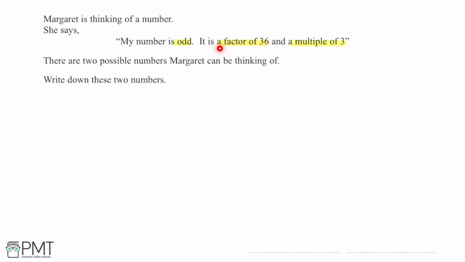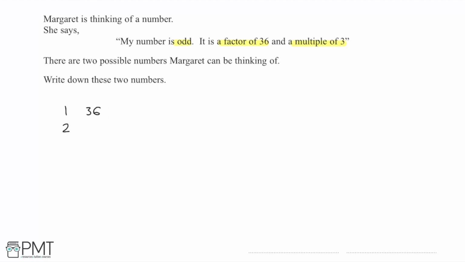Or I could just simply start by working with the factors of 36 and then looking for these odd multiples of 3 that are in this list, so that I'm not looking through a list of odd numbers for factors of 36, which might prove a bit more complicated. So if I start by listing out the factors of 36, I can take 1 and 36 to begin with.